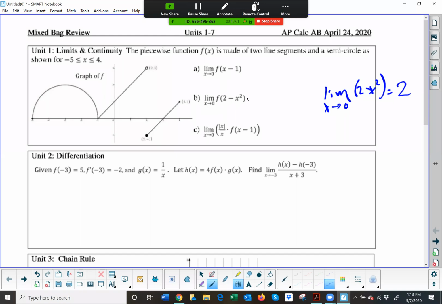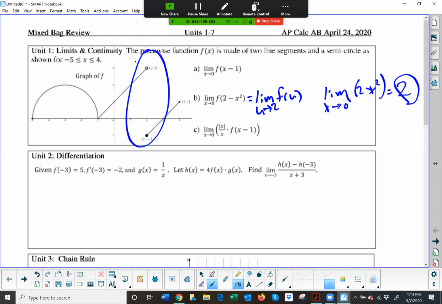And we know that u approaches 2, which in our picture is a bit of a dilemma because we have left and right limits.